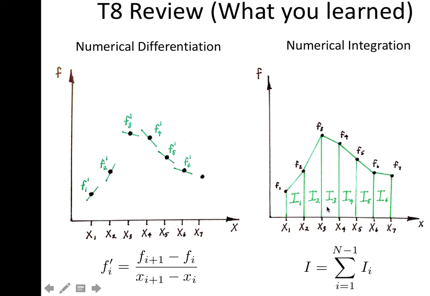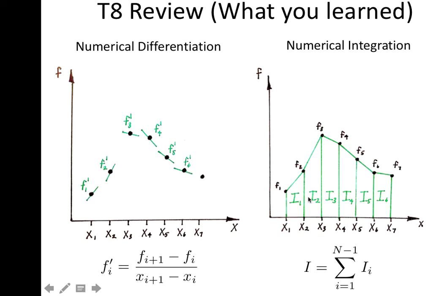On the other hand, numerical integration is going to be the area under the curve. Here in the graph, I'm showing the trapezoidal rule, where you're connecting the two function value points with a straight line, which makes a trapezoid, and then the area under it is calculated by multiplying that average function value by the width of that trapezoid.